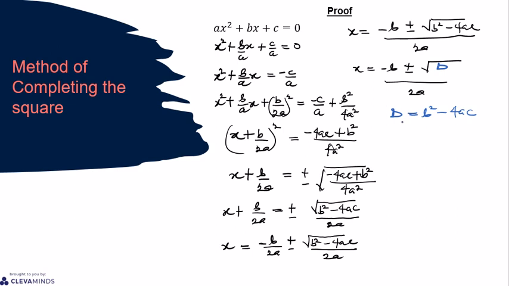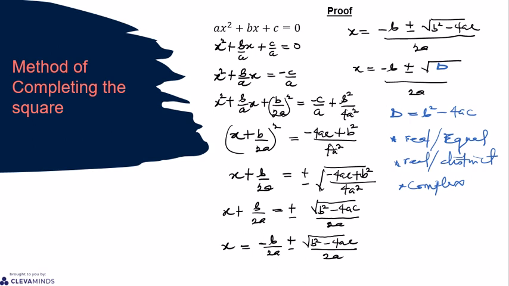So this discriminant determines that: it can be real and equal, it can be real and distinct, that is different, or it can be complex. So this is what the discriminant functions for, for either of these three things.